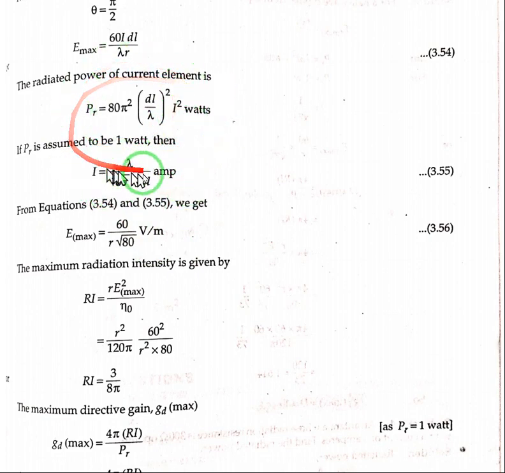If we simplify this and put the value of I in this equation, E maximum becomes 60 over r times root 80 volt per meter.